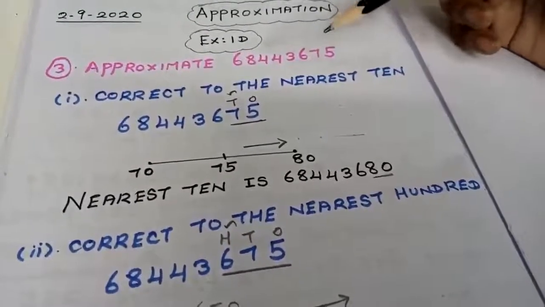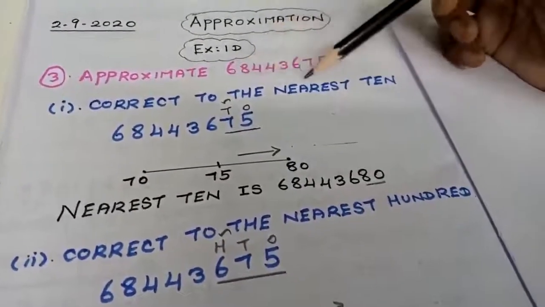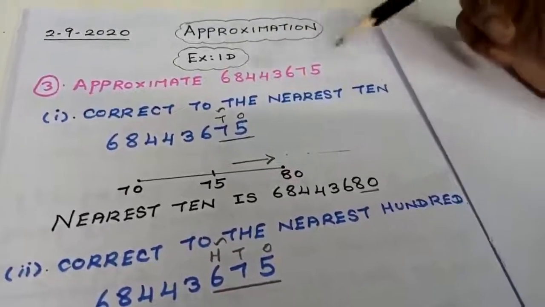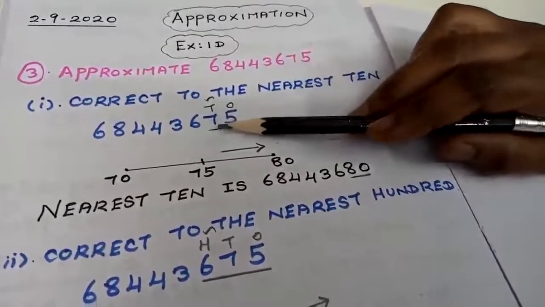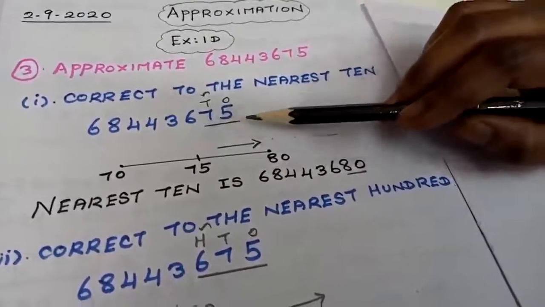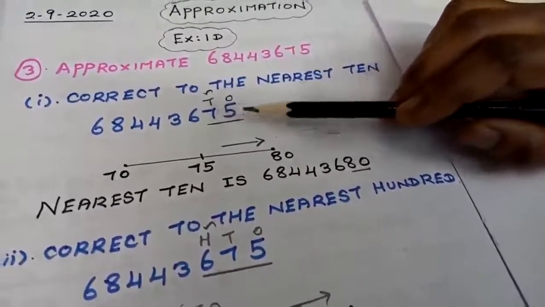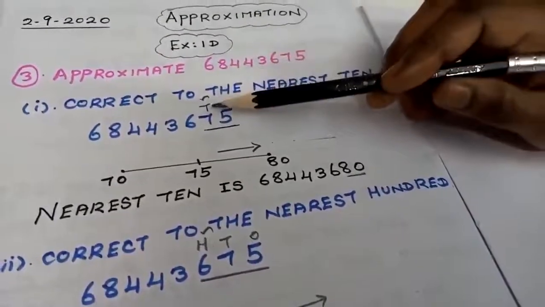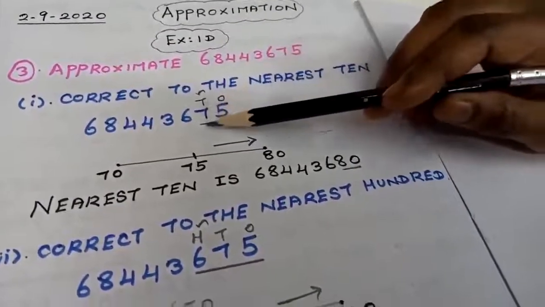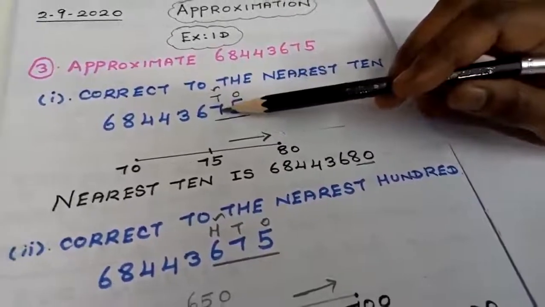First, the question asked here is: correct to the nearest 10. What I am going to do is take the ones and tens. I have underlined the number here. The number is 75. In the tens place, what is the number? 7. So the underlined number, I am going to keep this 7 as it is.